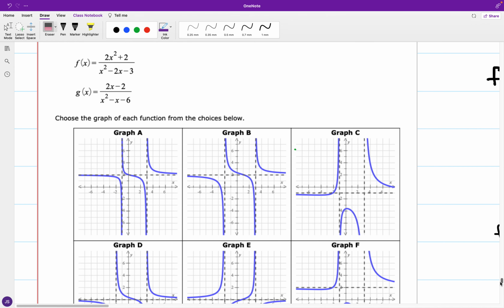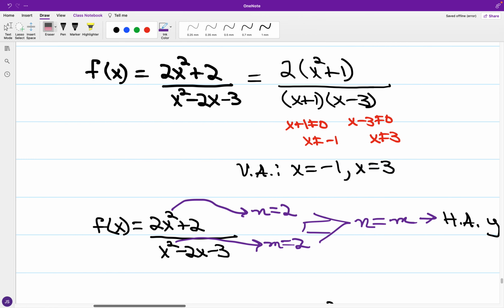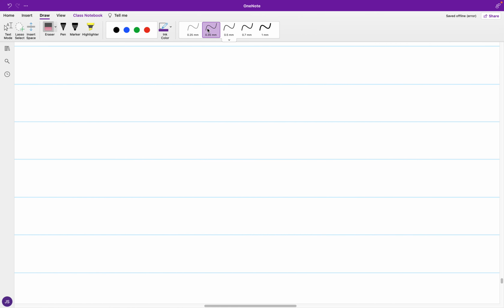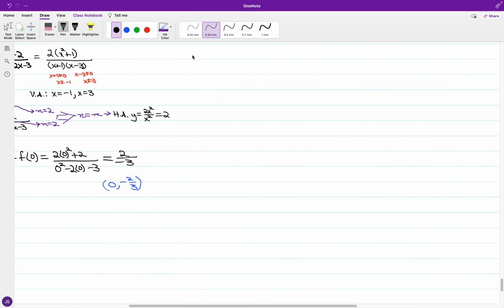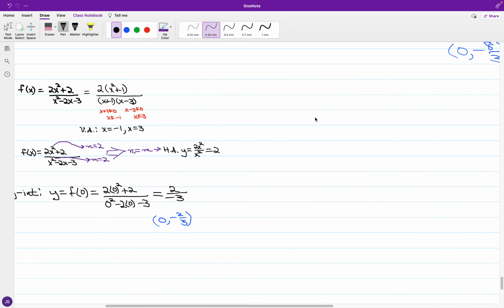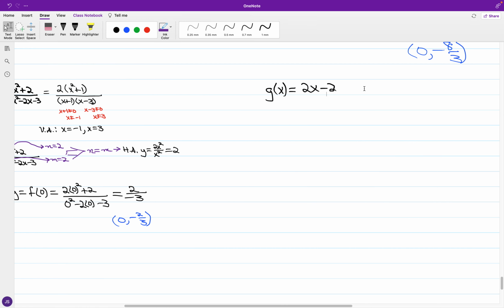And for g of x, you have 2x minus 2 over x squared minus x minus 6.